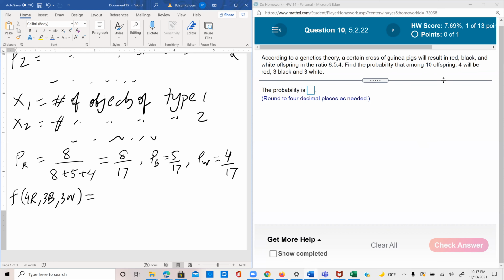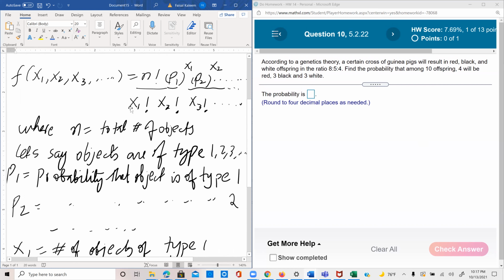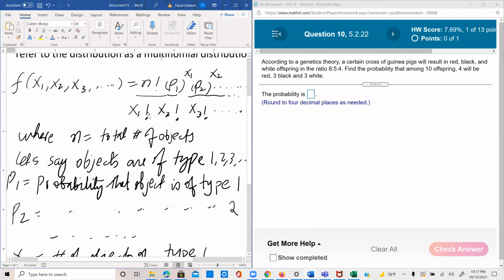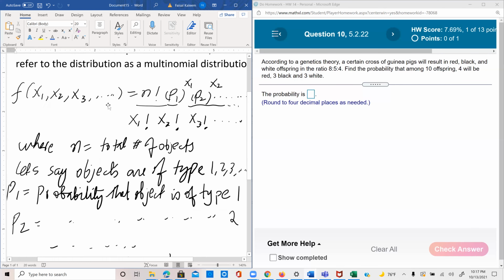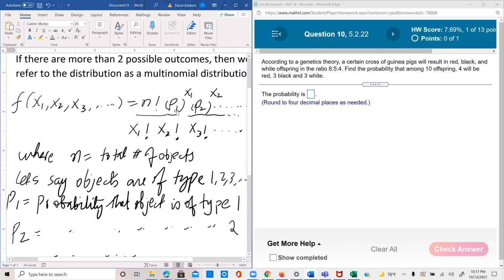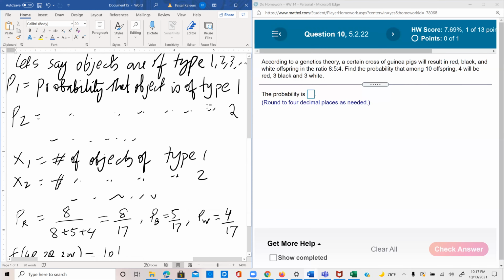So look at the formula. N in this case is 10. The formula is n factorial divided by all these x factorials. So n factorial would mean 10 factorial, and we'll have 4 factorial, 3 factorial, 3 factorial. And then after that, p1 power x1, p2 power x2, and so on.